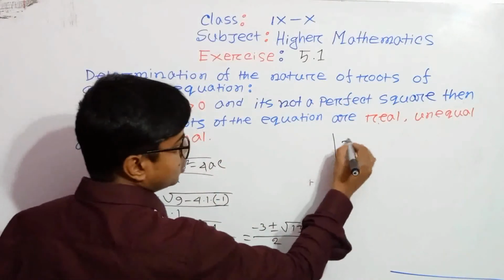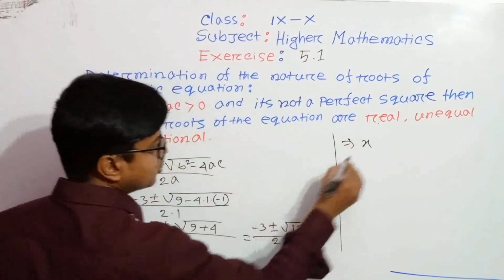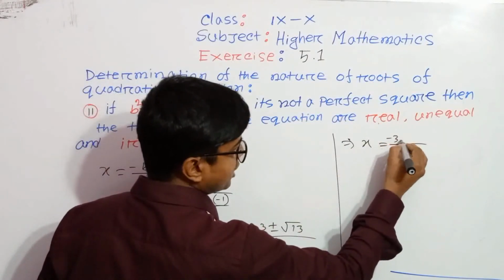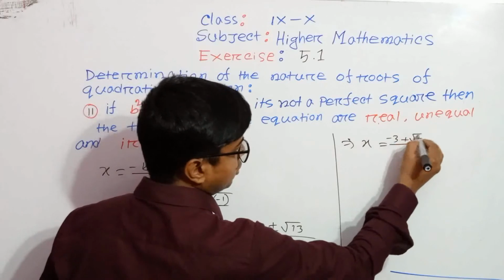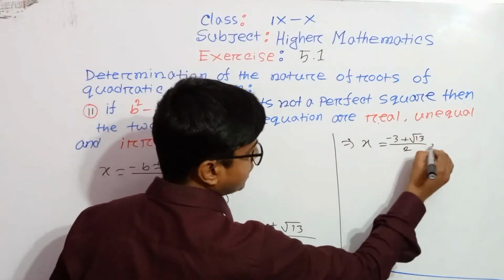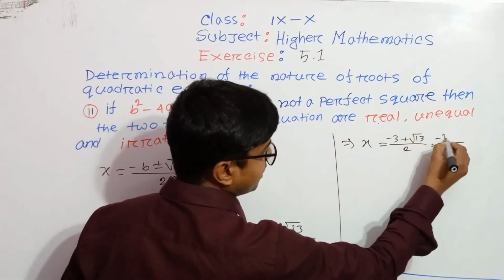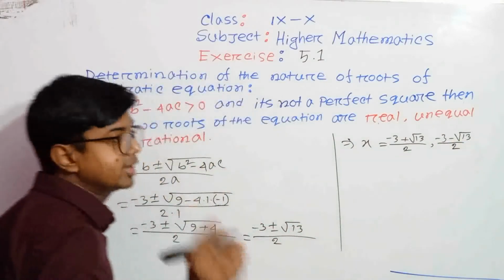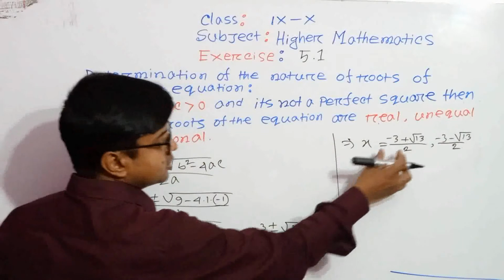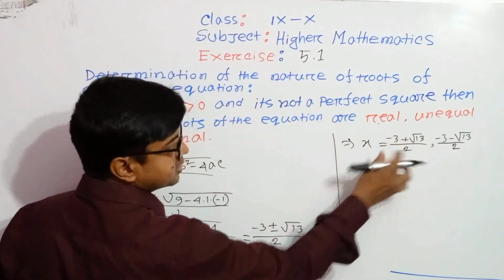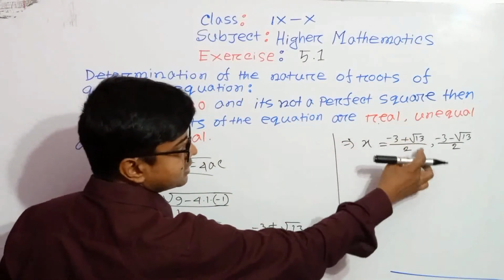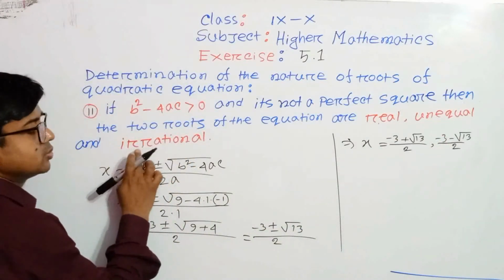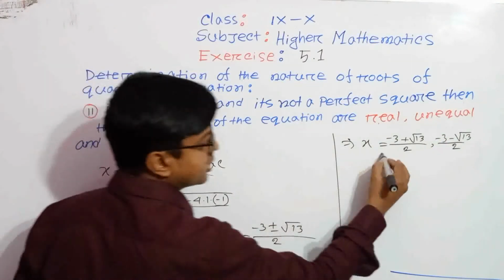Here the two roots are x equals minus 3 plus root 13 by 2, and the other root is minus 3 minus root 13 by 2. Look at this. These two roots are real numbers, unequal, and also irrational numbers.